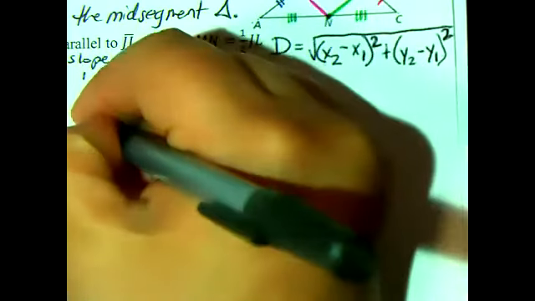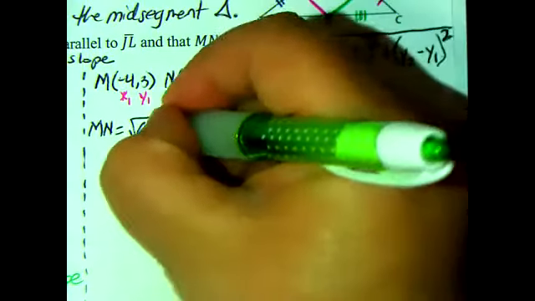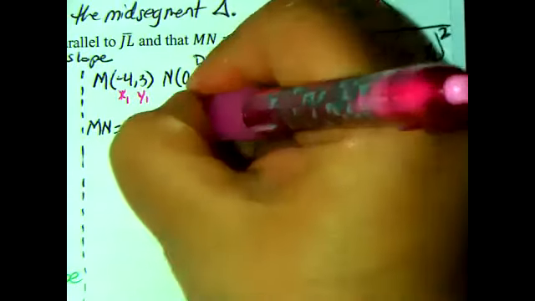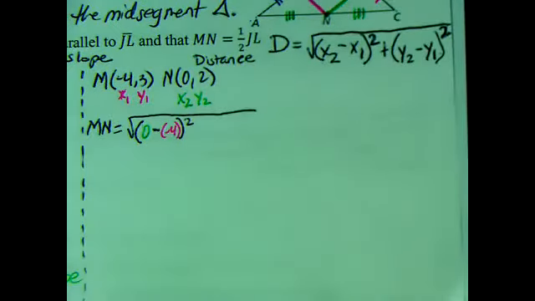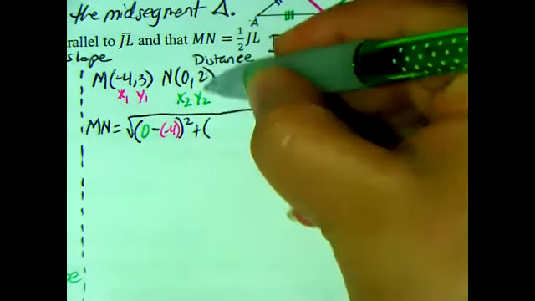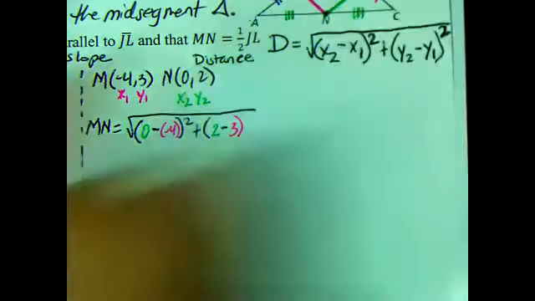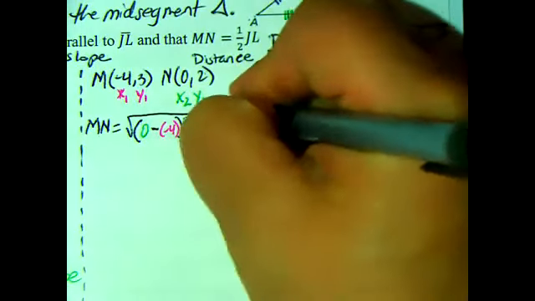So my distance for MN is going to equal, open my radical, x2 minus x1. x2 is 0, minus x1, which is -4, and close that to square it, plus y2, which is 2, minus y1, which is 3. Close that parentheses and square that.